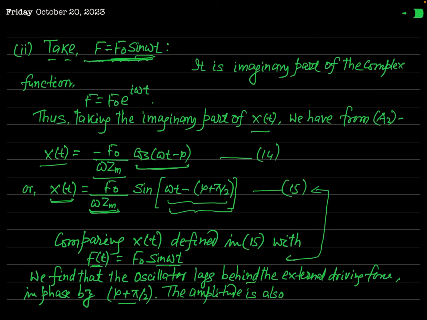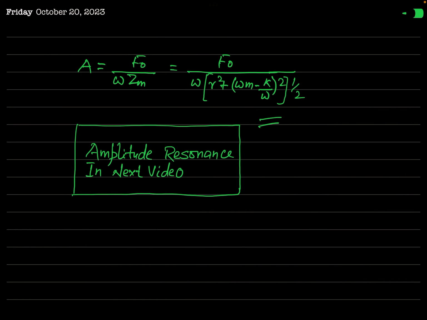Result will be same. So amplitude is just like the previous result, A equal to F naught over omega Zm, and you know Zm is equal to the square root of R square plus (omega m minus k by omega) whole square. So finally we get that the amplitude in this case is equal to this much.